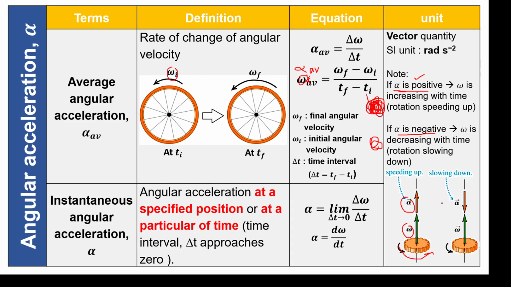Now let's see how we relate these terms between linear and rotational motion. We learned in chapter 2 about displacement, velocity, and acceleration. Because things are moving in a rotational motion, you have angular displacement, angular velocity, and angular acceleration. We want to see the relationship between linear and rotational.